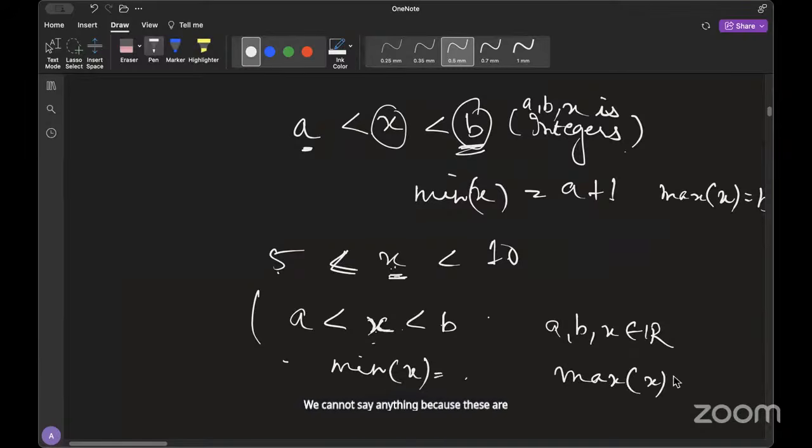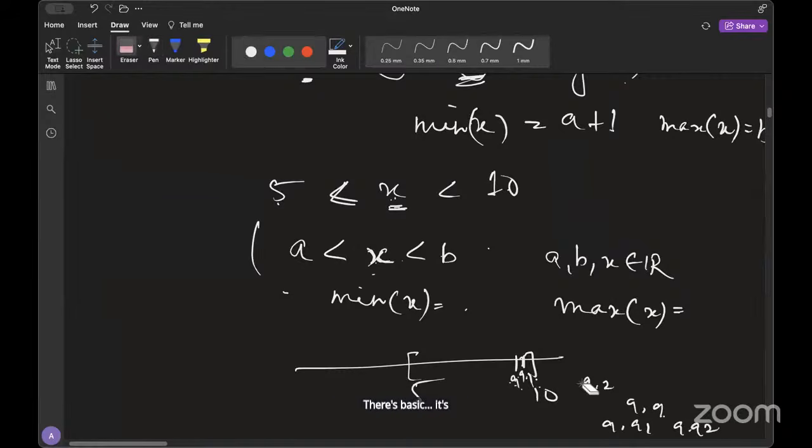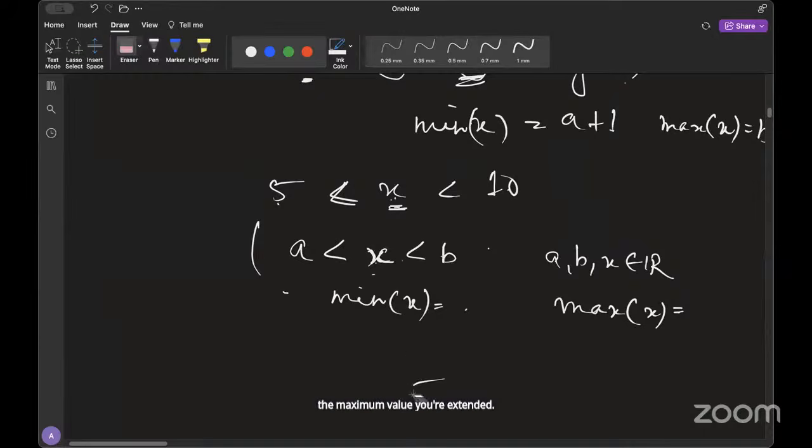It simply means if you have 5 here and 10 here, and your x cannot be 10 but is less than 10, you can't find the maximum number, right? Because between 9 and 10 there is something: 9.1, 9.2, after 9.9 you'll have 9.91, 9.92. It's basically not possible to find the maximum value x can take. But because they are given to be integers, you can find it.